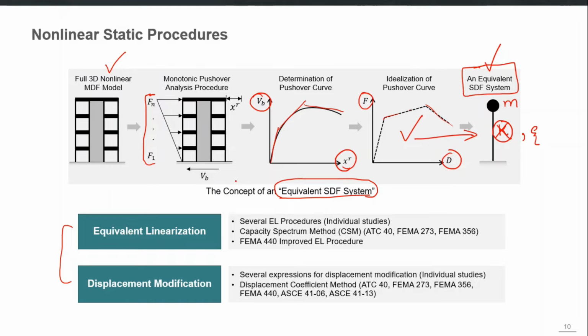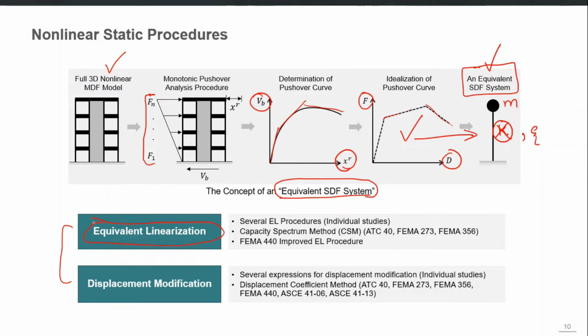So based on this equivalent SDF concept, there are basically two types of methods which are there to calculate the target displacement. One is based on the idea of equivalent linearization.